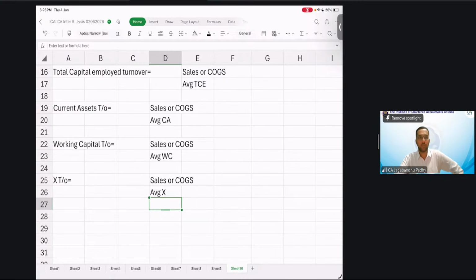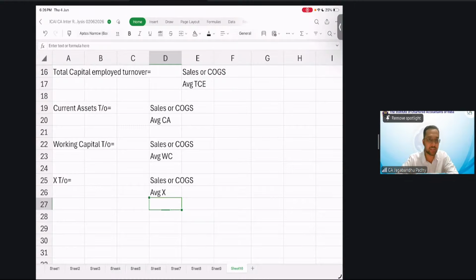Okay. Now, apart from the normal turnover ratios that have a standard format, which is sales or COGS upon average X, a very crucial set of ratios that we need to look at is related to working capital.